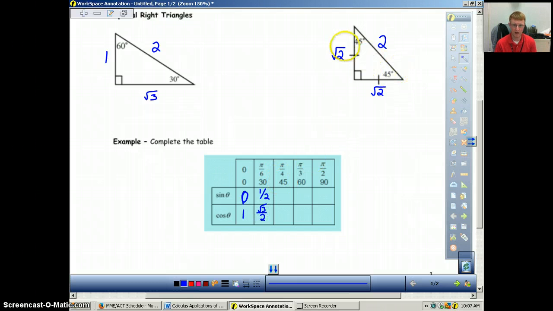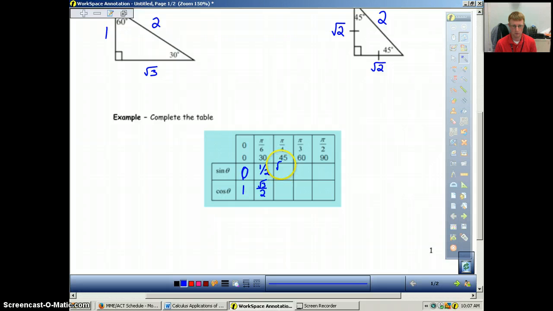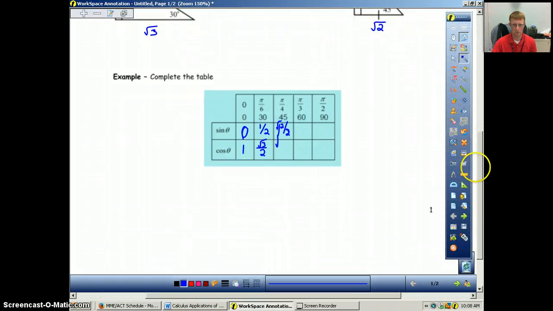Then we do the 45. Sine of 45, opposite over hypotenuse, is square root of 2 over 2. And then the same thing with the cosine is adjacent over hypotenuse, which is the same thing. A little mess up there.